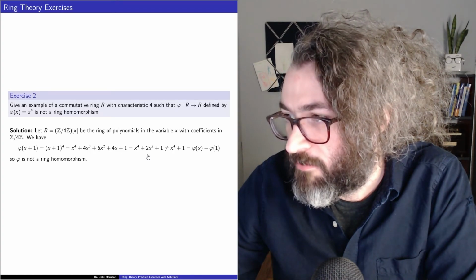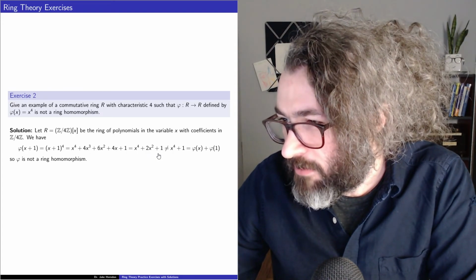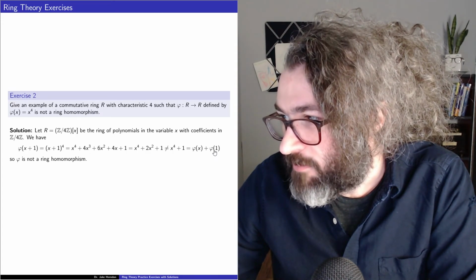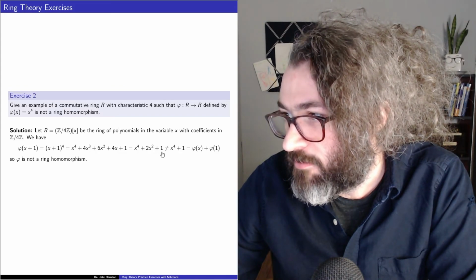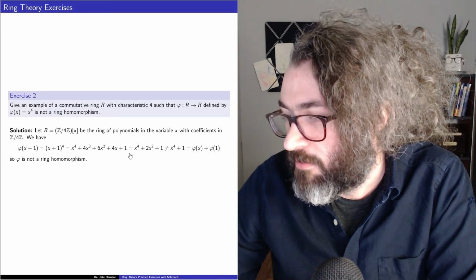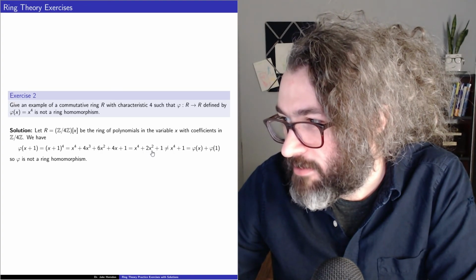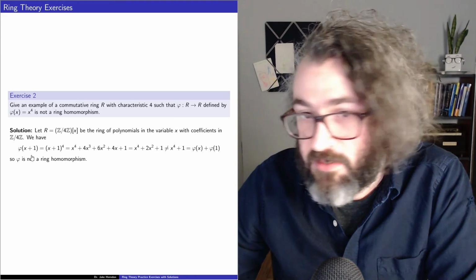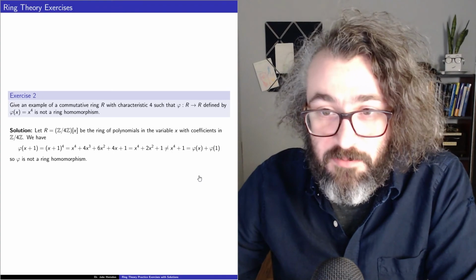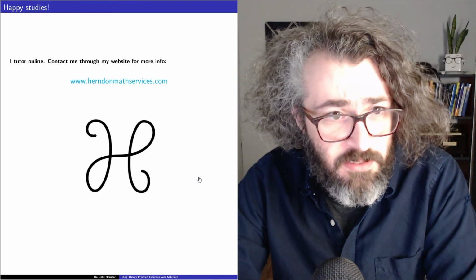So you get x to the fourth plus 2x squared plus 1. And then if we look at phi of x plus phi of 1, that's x to the fourth plus 1. So these two things are not equal because in this ring, 2x squared is not 0. So phi is not a ring homomorphism because phi of x plus 1 is not equal to phi of x plus phi of 1. So I think that should do it.